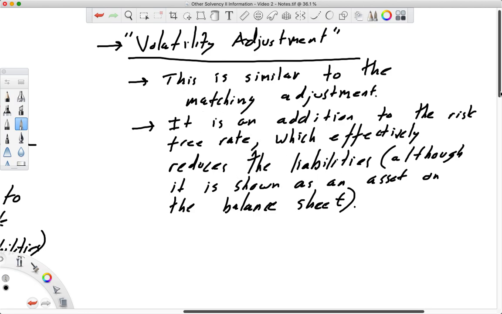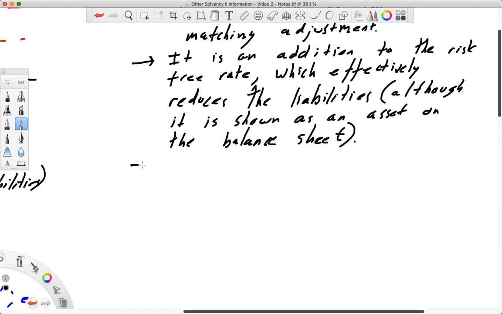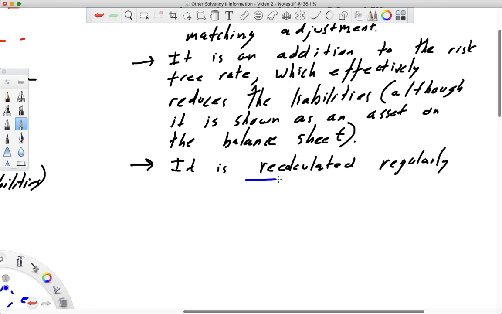So the difference here is that it is recalculated regularly by the regulator.